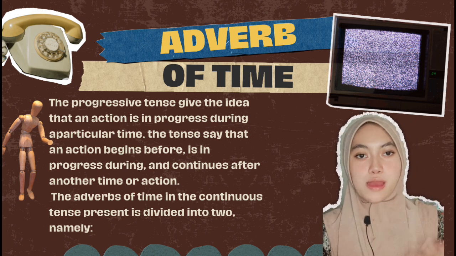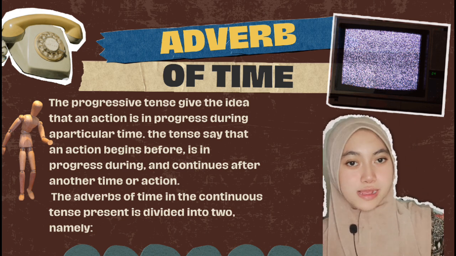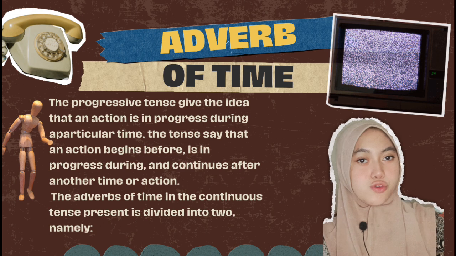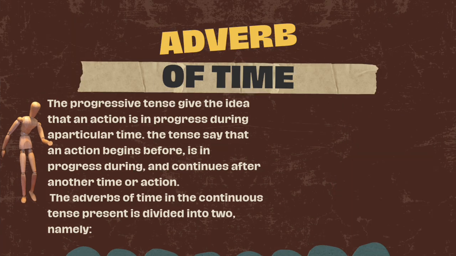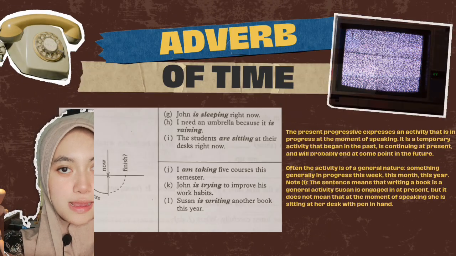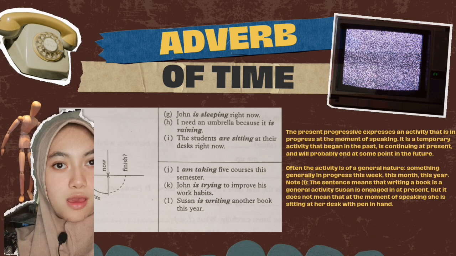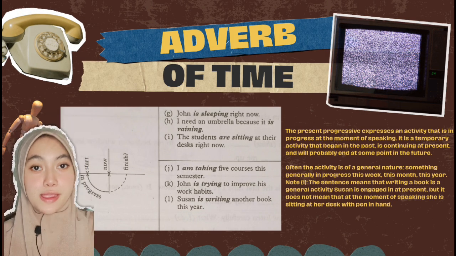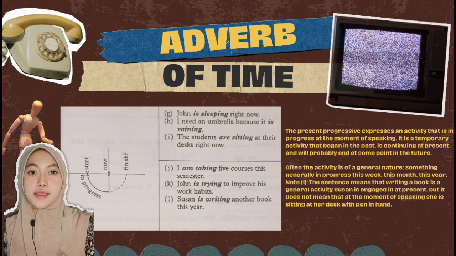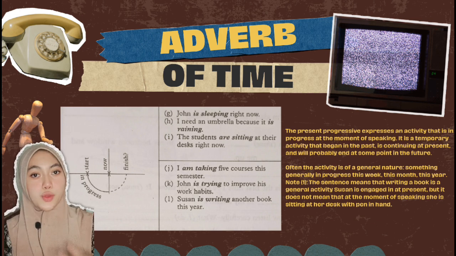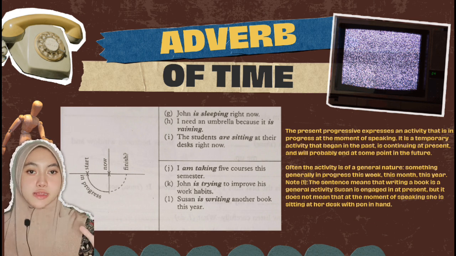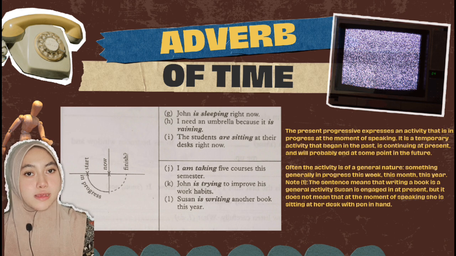The adverb of time in present continuous tense is divided into two. Let's see the example here. John is sleeping right now, and I need an umbrella because it is raining. The students are sitting at their desks right now.